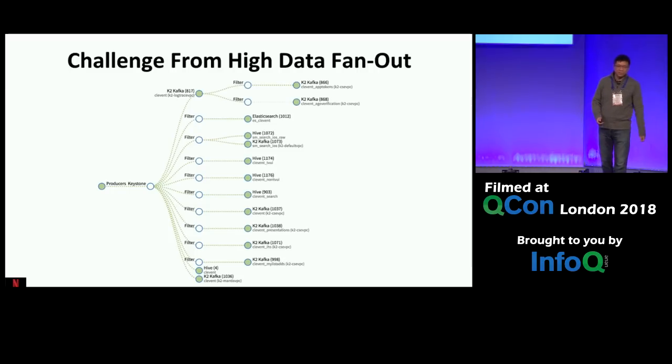This screenshot is taken from our self-service portal. Each dotted path from the root, on the left, to the leaf, on the right, represents a consumer. If you count, we have about 14 consumers for this very popular topic.